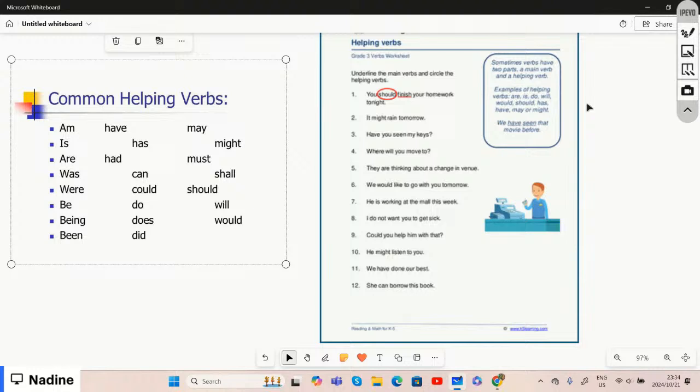So let us first underline our main verb. It says, it might rain tomorrow. What is our main verb within that sentence?